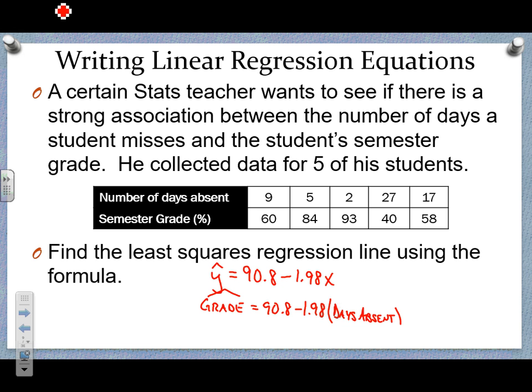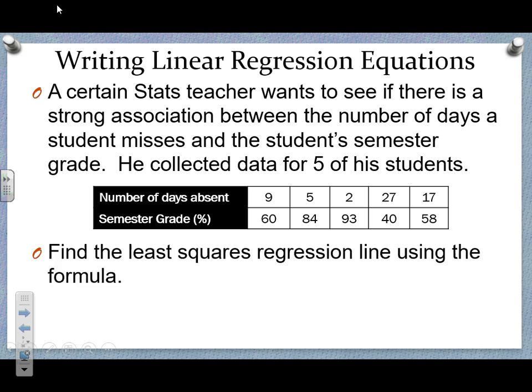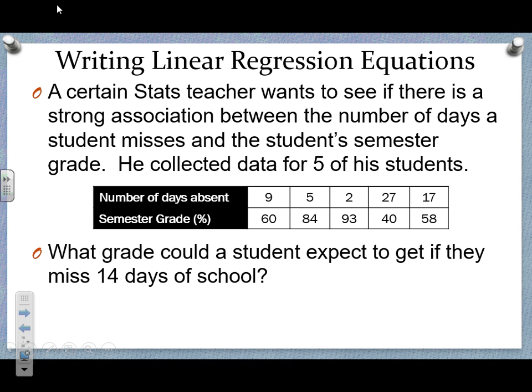Okay? So now, if this is our equation, predict the grade a student would get if they miss 14 days of school. So our predicted value, if we put in 90.8 minus 1.98 times 14 days absent, what could that student expect to get based on this relationship?